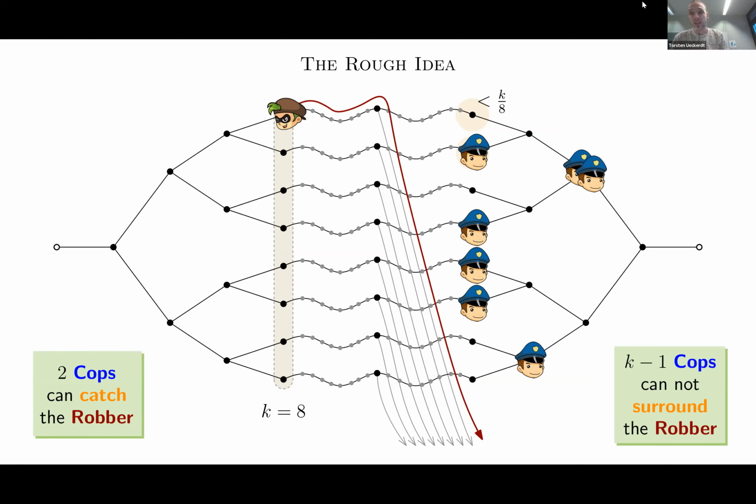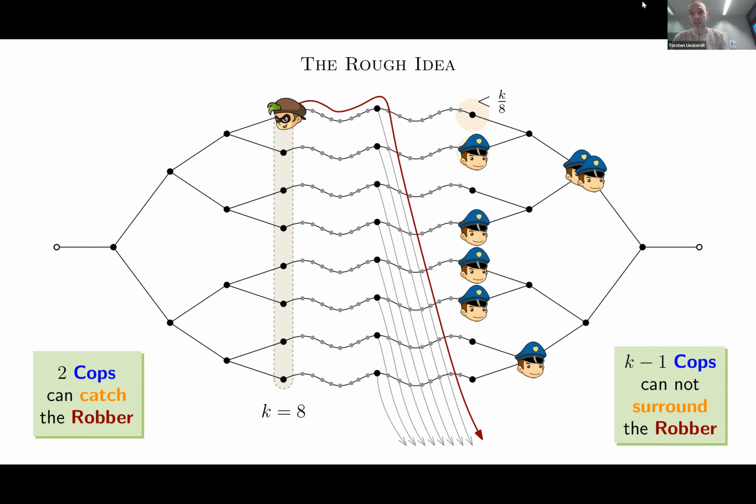Let's assume that the cops are all in H1, but there might also be cops in H2, of course. The robber always is at the vertex here, and now wants to find a new vertex in H2 that he wants to go to. So he wants to find one outgoing edge to another vertex in H2.